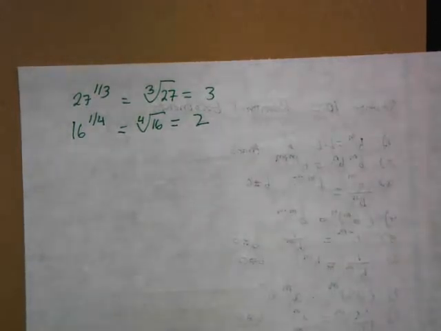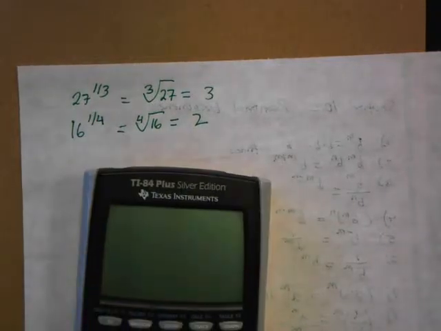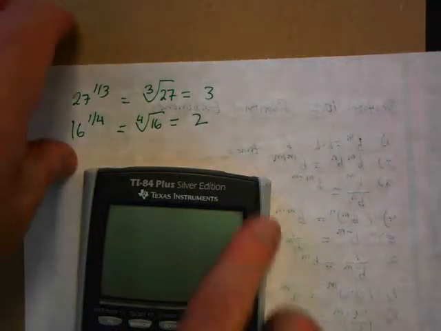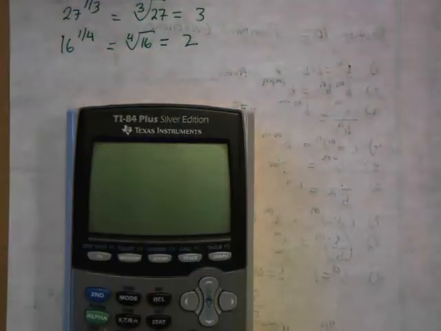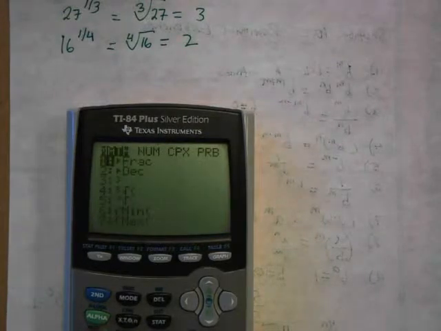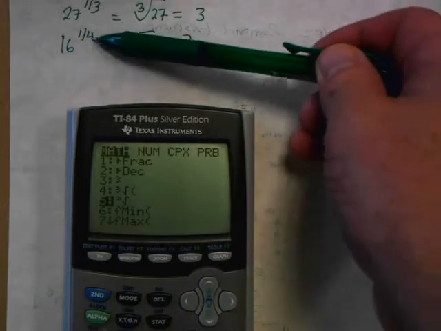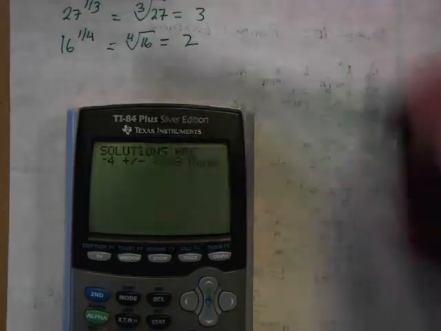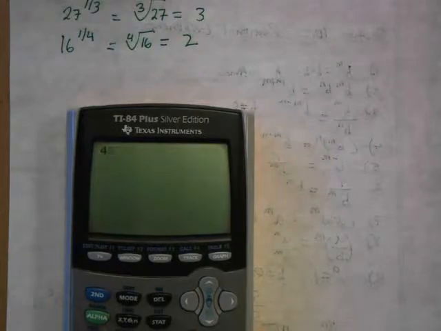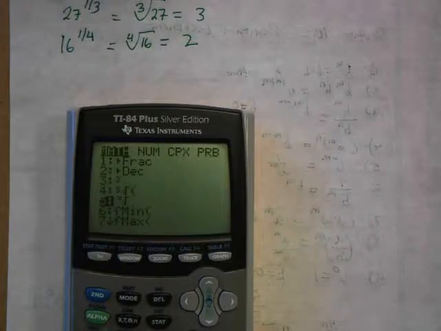All right, how do you do these on your calculator? Where's the 4th root button? Anybody know? Math, number 5. Okay, but before you can do math number 5, here's what you need to do. If you want to do 4th root, you type the number 4 first, and then you go math down to number 5.